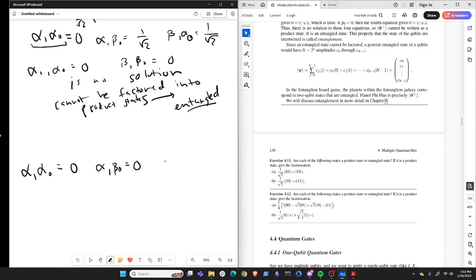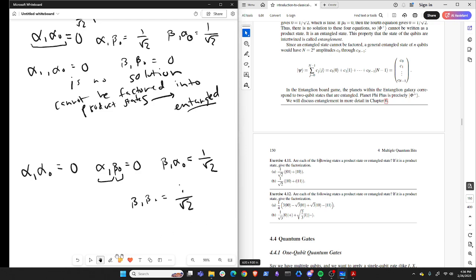Then we do have 1, 0. I just wanted to clarify that these are the respective amplitudes for the two states that we're trying to solve for. So beta 1 and alpha 0 are equal to 1 over square root of 2. And for 1, 1, which is beta sub 1, beta sub 0, it's equal to i over square root of 2. We'll just distribute this through.